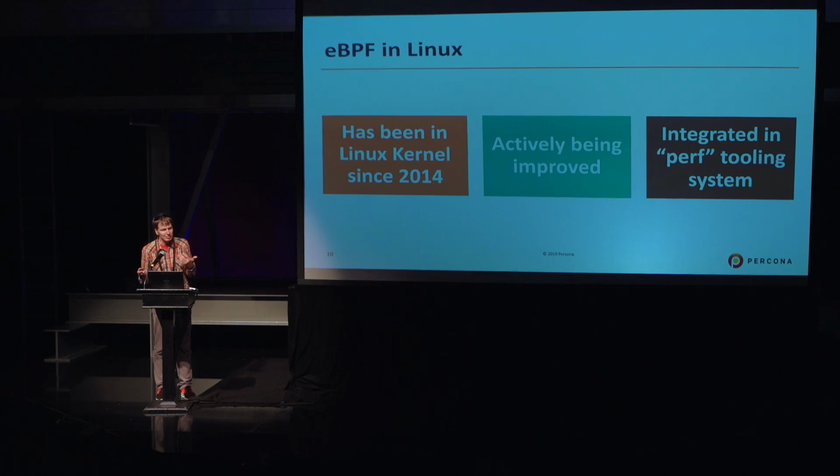At the same time, eBPF is continuing to be improved very actively in the Linux kernel, so each version really has something which is better. Here is an example of some things which are being improved in relatively recent kernels.